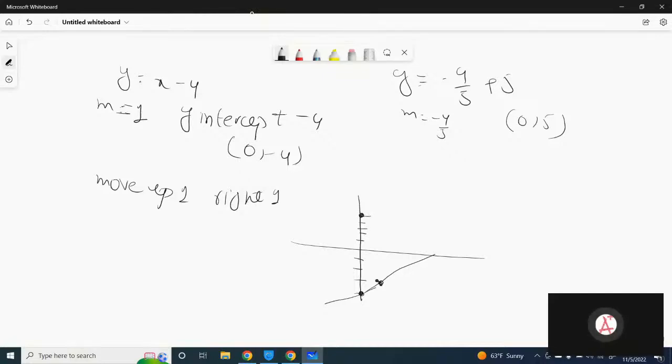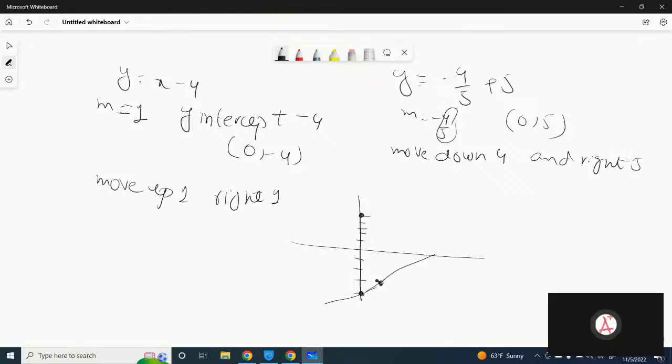And the second point is, so the slope, that means you have to move down 4 places and right 5. Here you can see the slope, move down 4 and right 5. Got it?